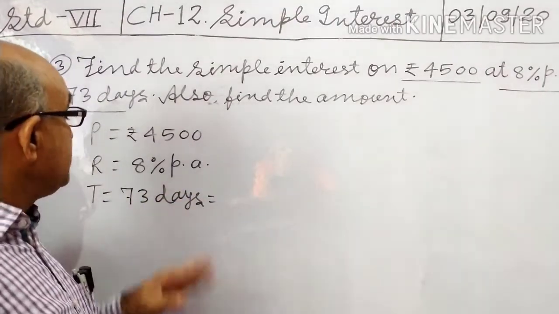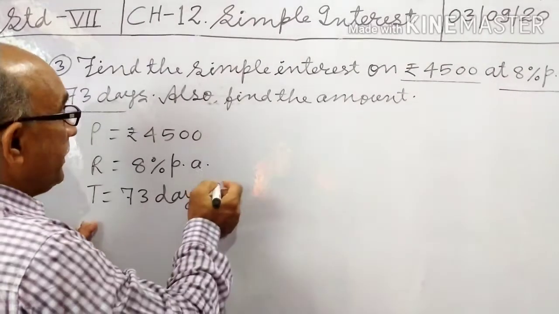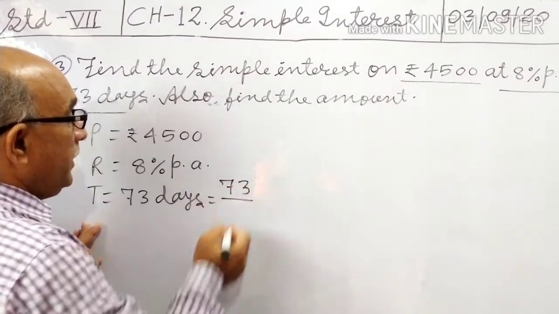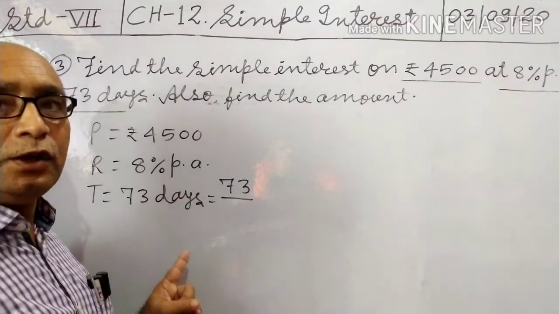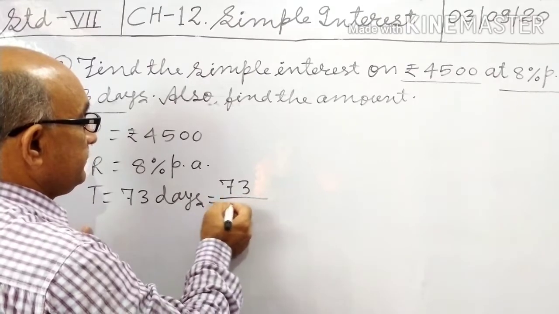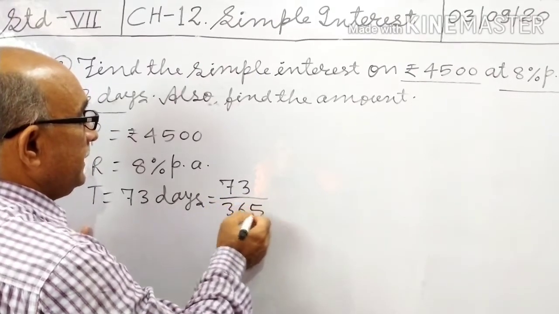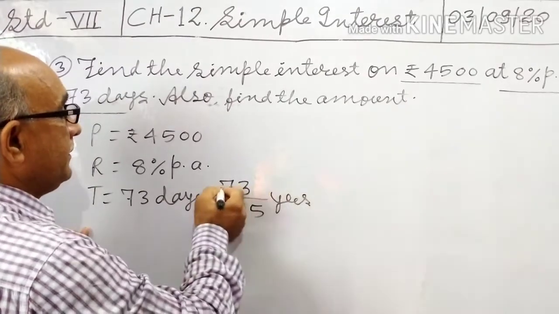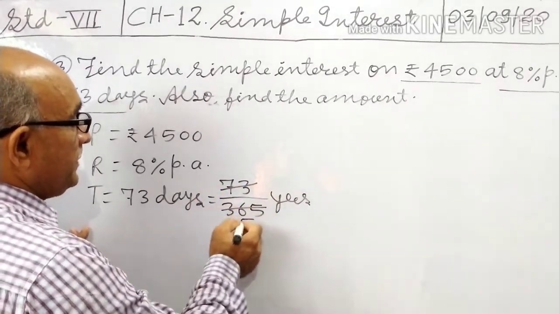Days change into years, so divide by 365 because 1 year equal to 365 days. Now it is changed into years. 73 fives are 365.